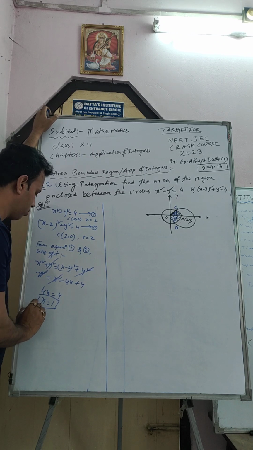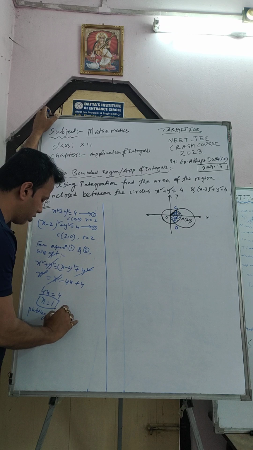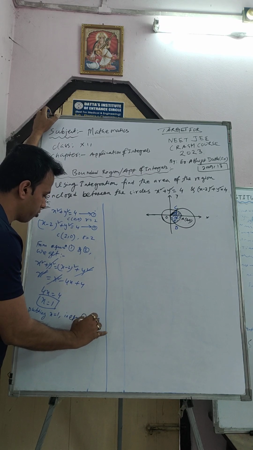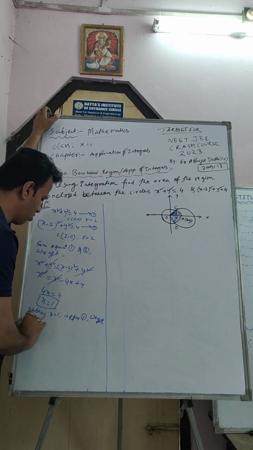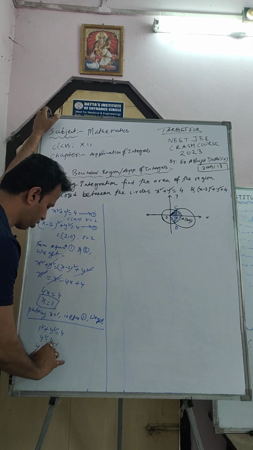Now putting x equal to 1 in equation 1, we get 1 square plus y square equals 4, so y square equals 4 minus 1, so y equals plus or minus root 3.